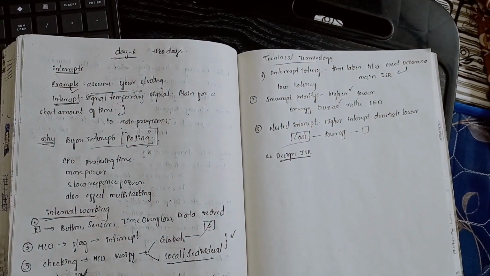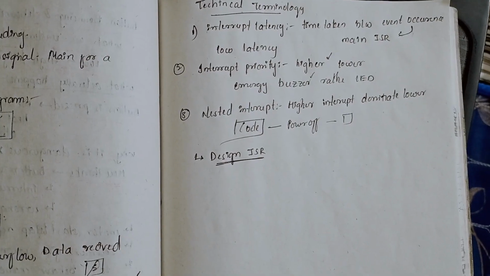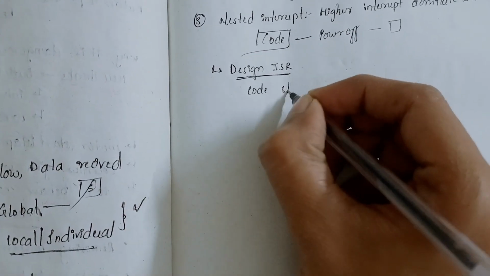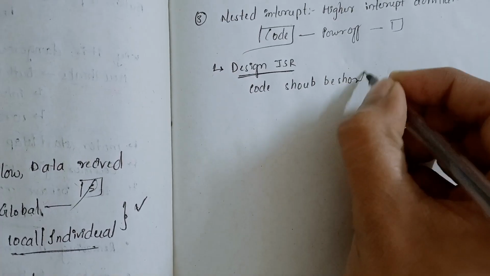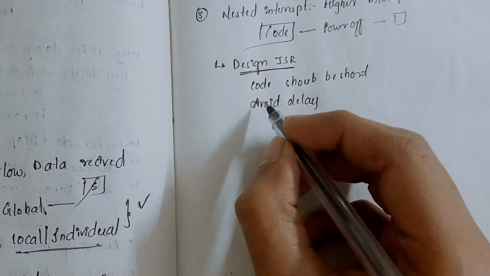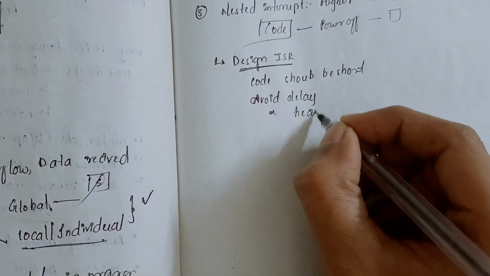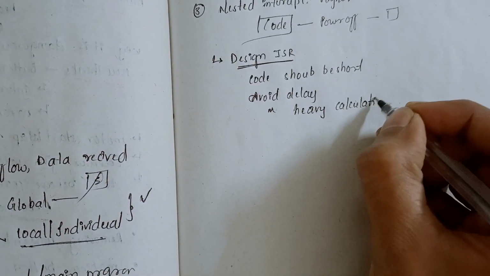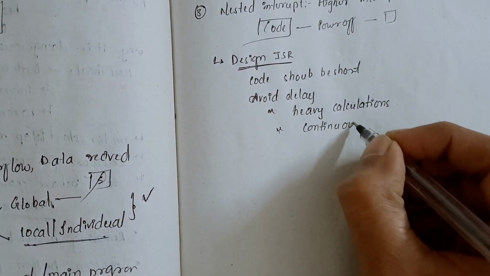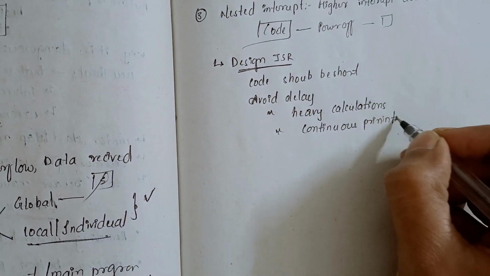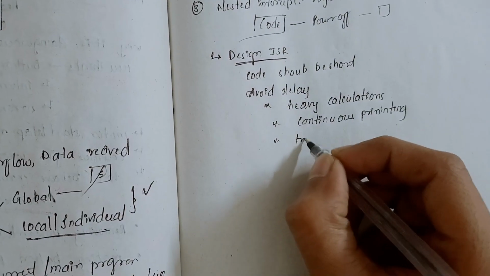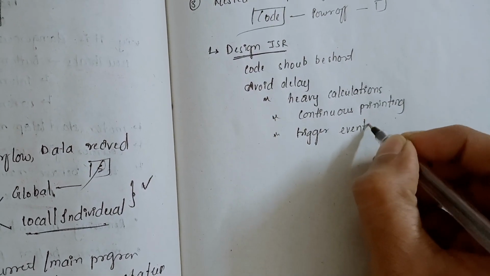The code should be short and avoid delay functions in it, avoid heavy calculations and continuous printing of values, and only execute or trigger events or flags.